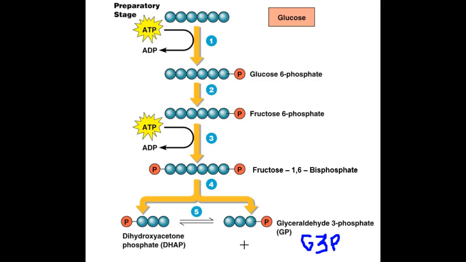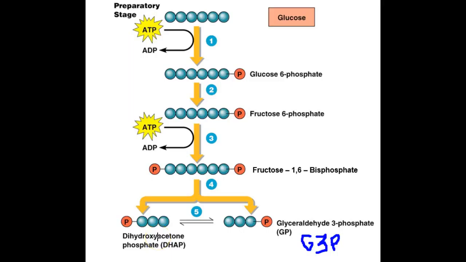So again, DHAP almost immediately converts into a G3P so that it can move on in the cycle if your body needs energy. Now, your body doesn't always need energy, so that's why this is listed as a reversible reaction. So in times where your body doesn't need energy, sometimes the G3P molecule will get converted into a DHAP. And the reason that happens is because DHAP is kind of stuck.